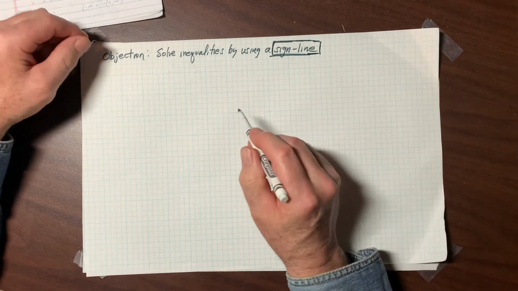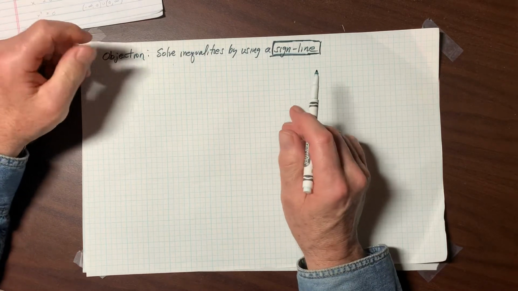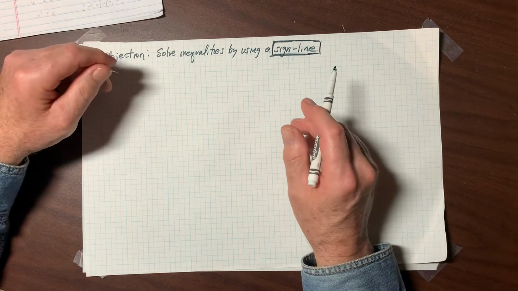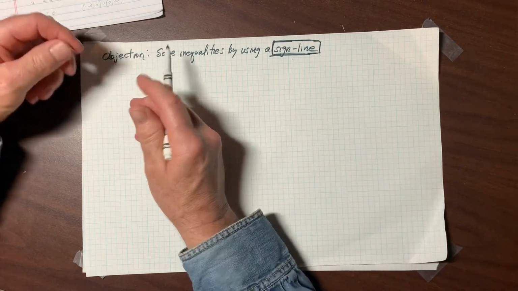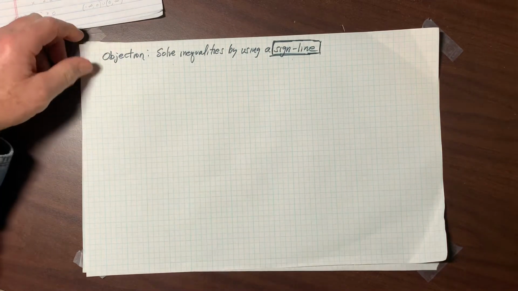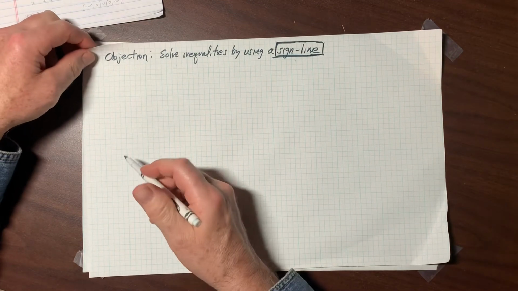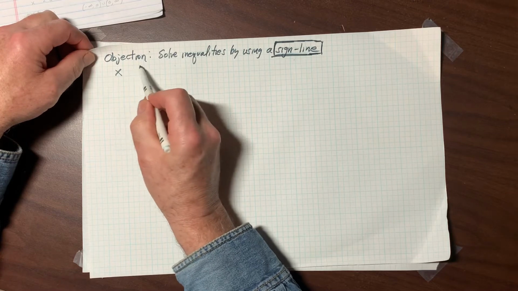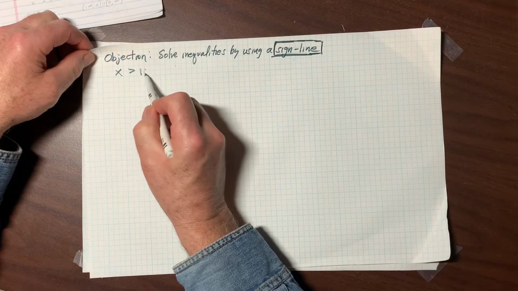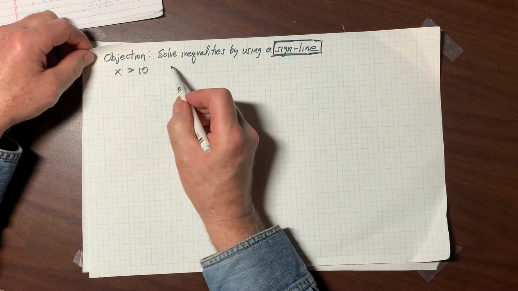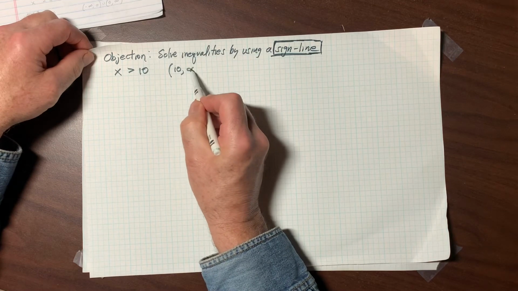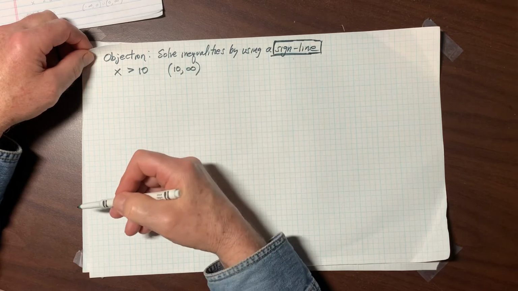A quick review: when you solve an inequality, you're going to express your answer in interval notation. So I'm going to run through very quickly what we learned about expressing solution sets using interval notation. Let's suppose you solve an inequality and you end up having x is greater than 10. In interval notation, that would be parentheses, 10 to infinity, close parenthesis.